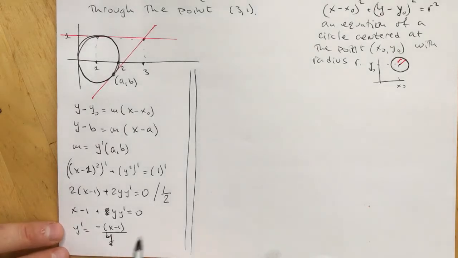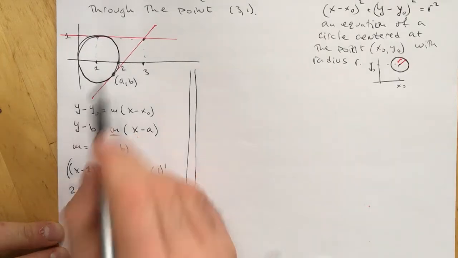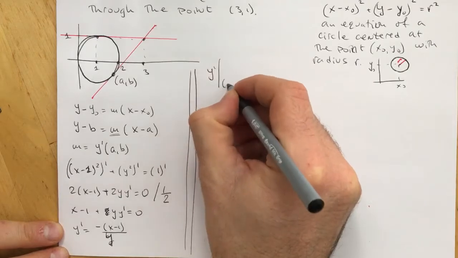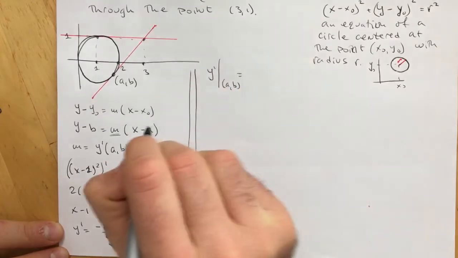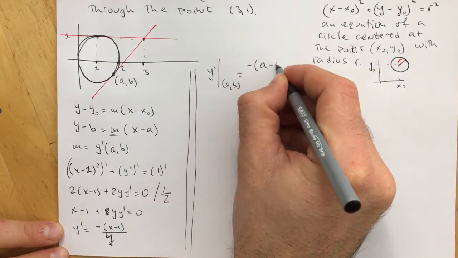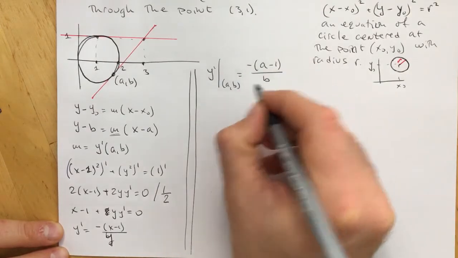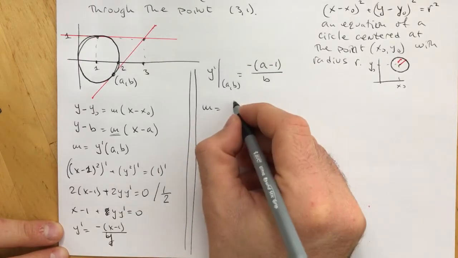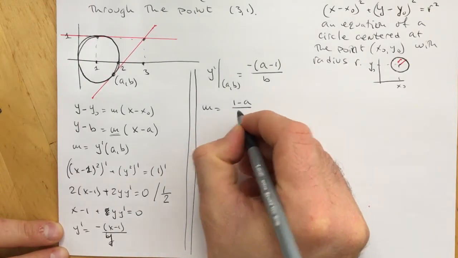Now I want to find this particular slope, so that means evaluating y′ at (a, b). So y′ evaluated at the point (a, b) is going to be −(a − 1)/b, or simply m is going to be, if you drop the parentheses, (1 − a)/b.